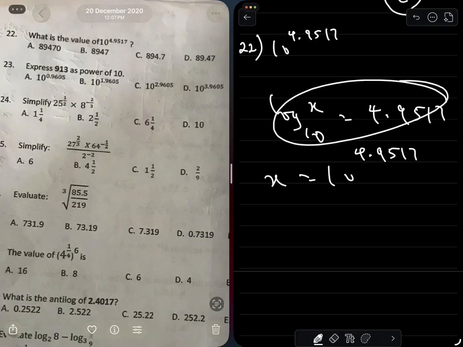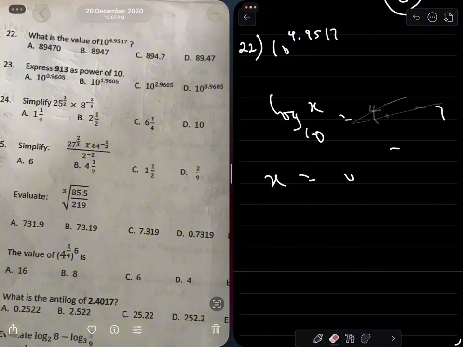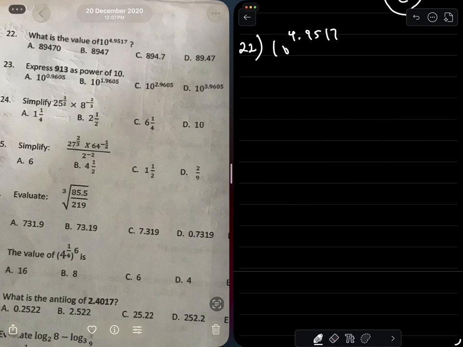We change this to index form. Do you understand? Yes. So the logarithm of x base 10 is 4.9517. So what is x? x is going to be the anti-logarithm of what? 4.9517. Exactly. So we're finding the anti-logarithm of 4.9517.